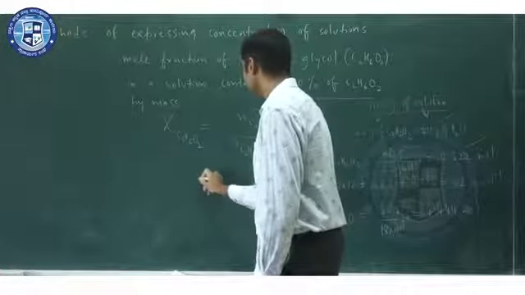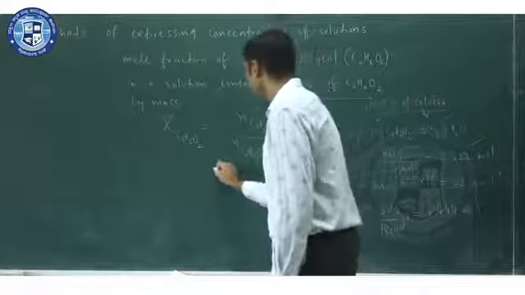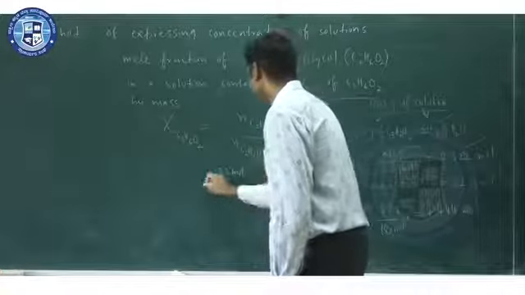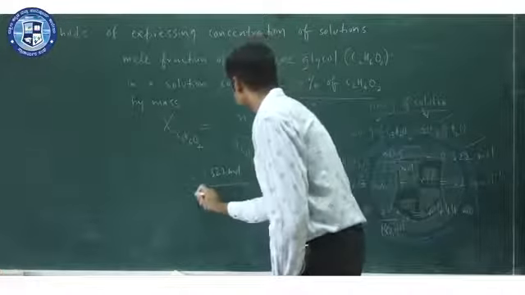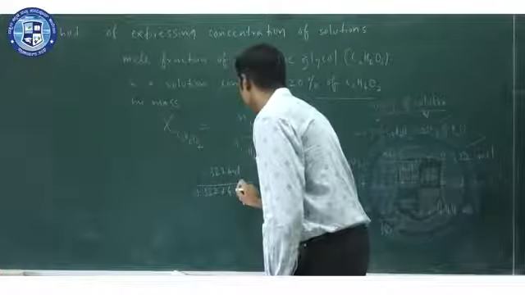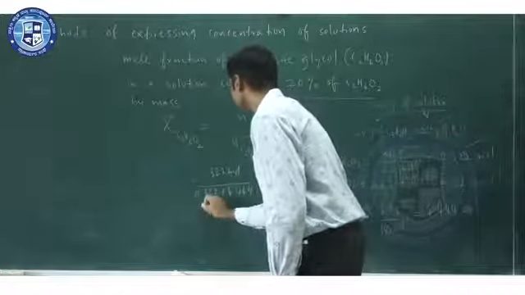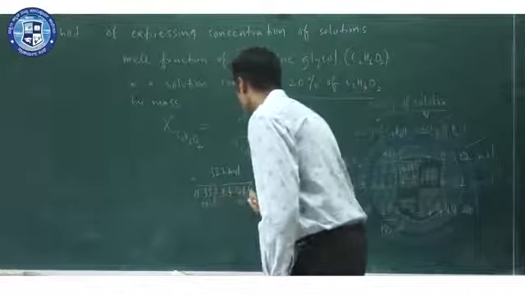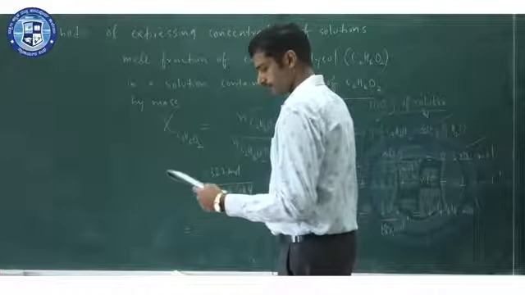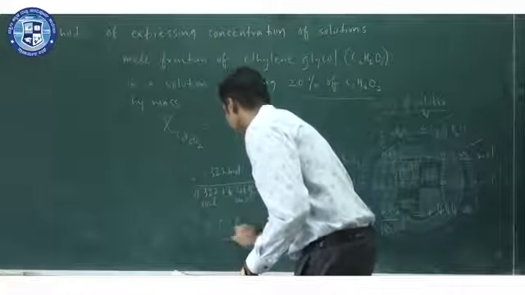Substitute the values. We have got ethylene glycol 0.322 mole, and in the denominator we have got 0.322 plus 4.444 moles. And I work out this to be 0.068.